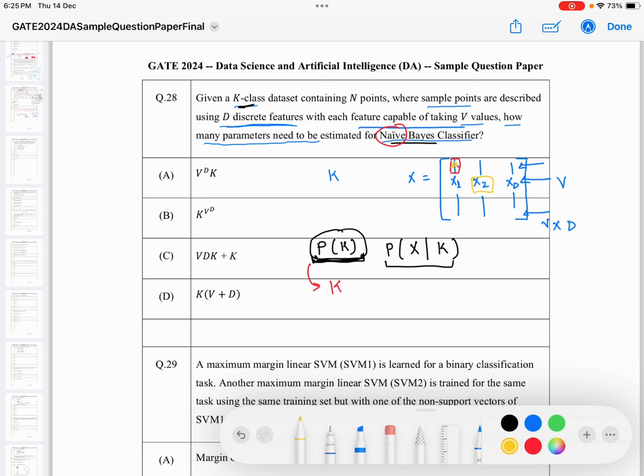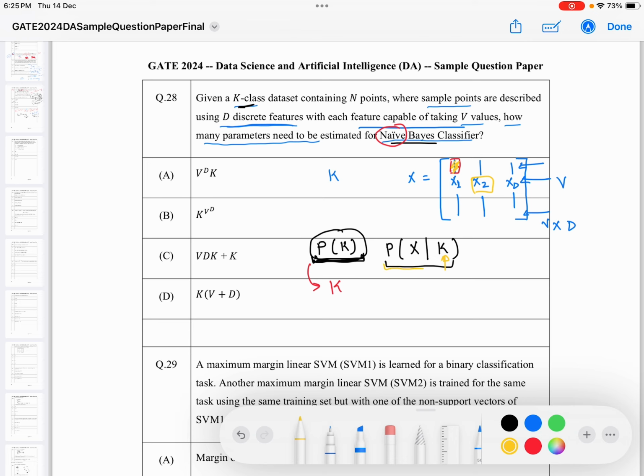So this red element is independent of any of the other elements under this condition k. This is the naive assumption that makes the naive Bayes classifier naive.